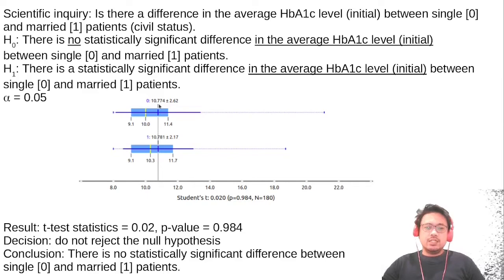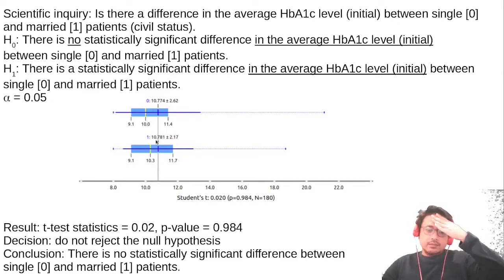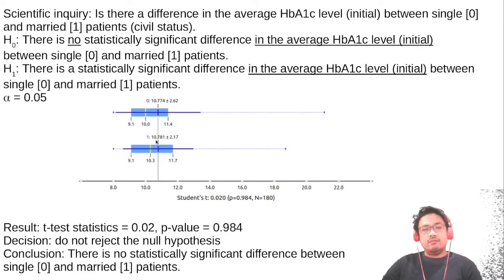So for single, ang average HbA1c level is around 10 with a dispersion of 2.62. And sa married, 10.781 with a dispersion of 2.17. So yung nakuha natin is ang p-value is 0.984, which is bigger than our alpha, which is 0.05.